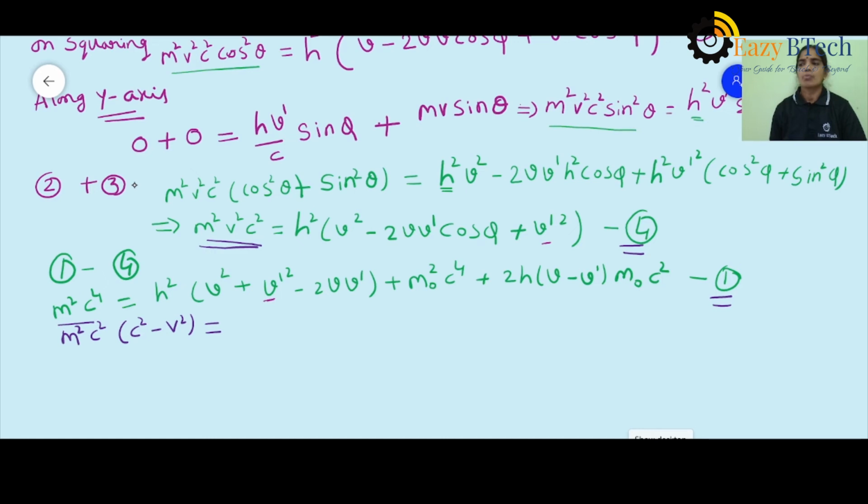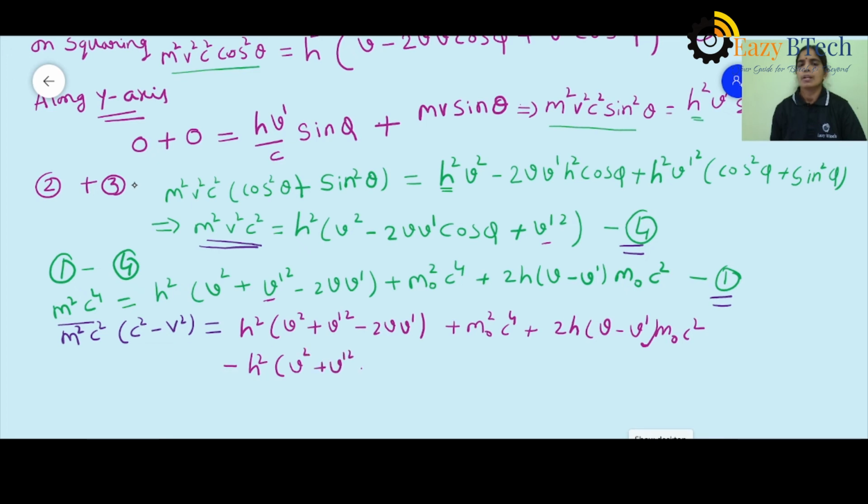So we will write the expression now once again here as h square into, I'll first write this expression, mu square plus mu prime square minus 2 mu prime, plus m naught square c power 4 plus 2h into mu minus mu prime m naught c square, with the minus h square into mu square plus mu prime square minus 2 mu prime cos phi.